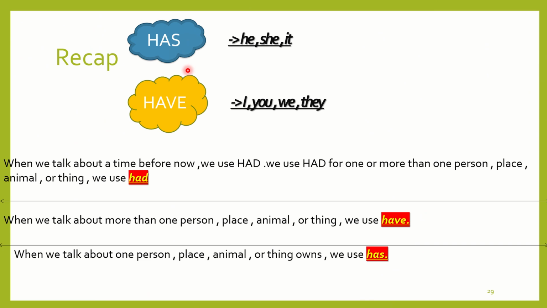Recap. Has. Has is used with he, she, it. Have. Have is used with I, you, we, they. When we talk about a time before now, we use had.